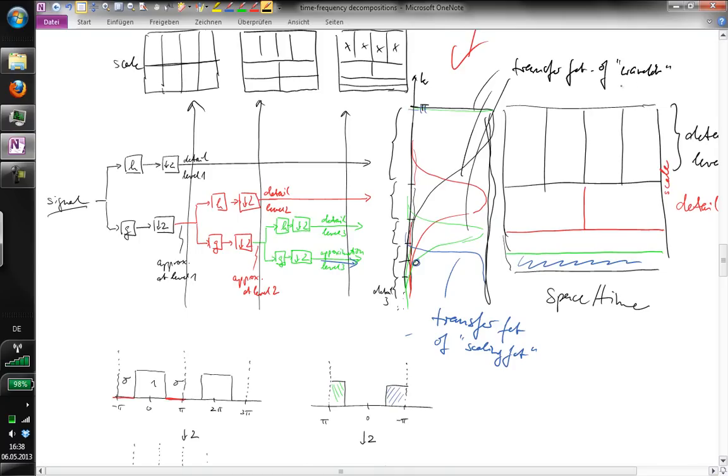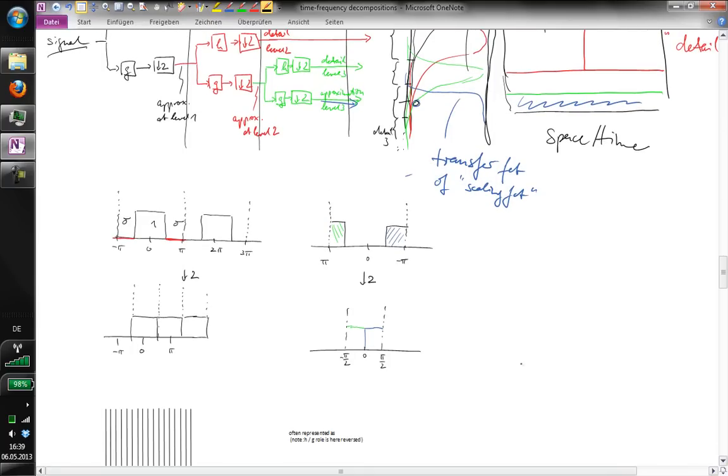So wavelets are these bandpass or high-pass filters, and the scaling function is the complementary low-pass filter. There's no magic. These are all convolution filters, but there is a distinction between the two.